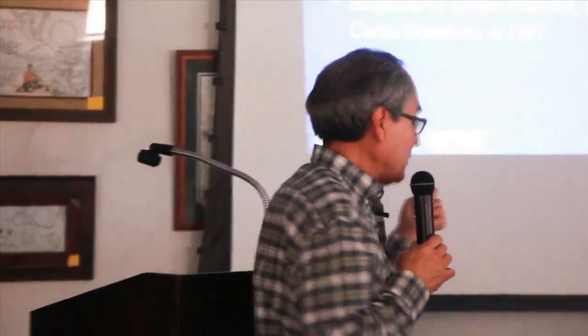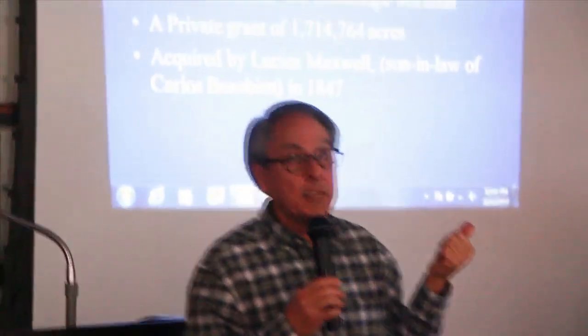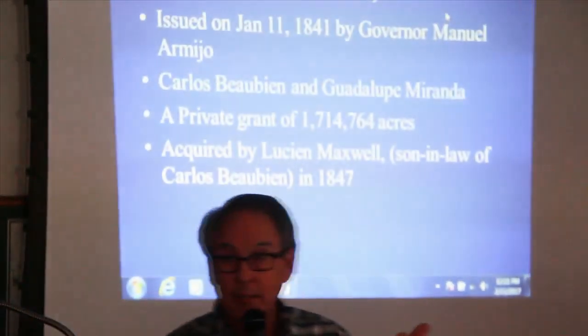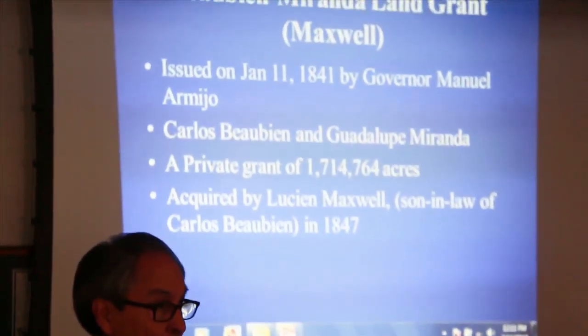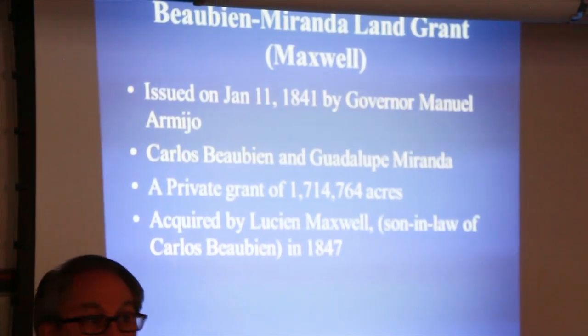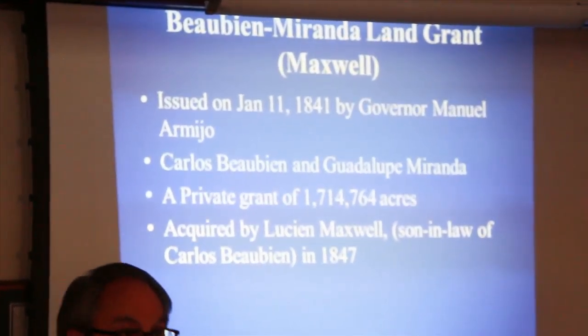Now, the way it came to be Maxwell. American occupation took place in the fall of 1846, right? So, January of 1847, we know what was called the Taos Revolt.